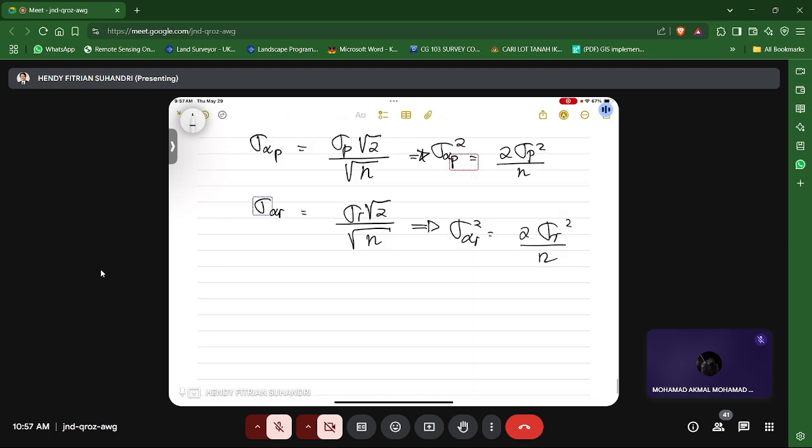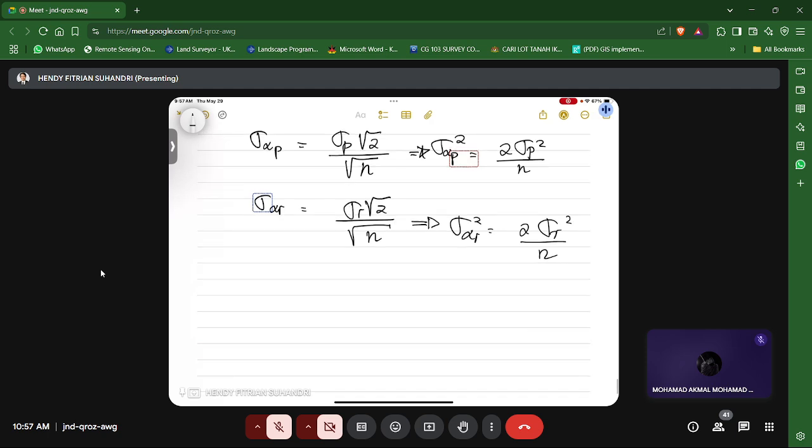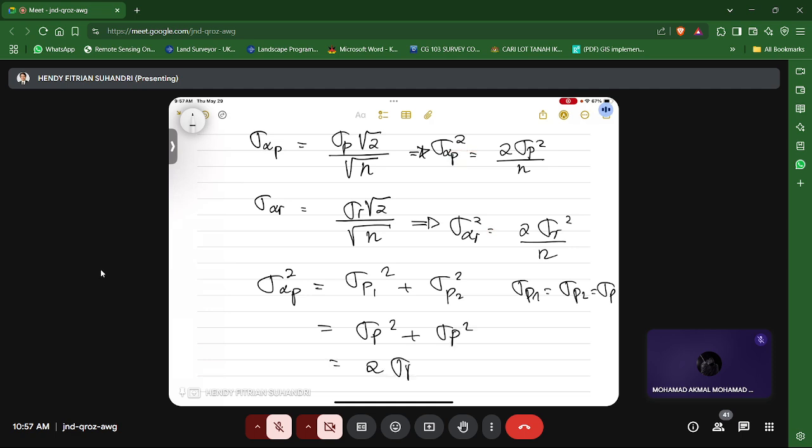So actually, it came from if we have 2 sigma p, or whatever, sigma point 1 plus point 2, it came from this equation actually. But if we assume point 1 equals point 2, and we denote it as sigma p, that means sigma p square plus sigma p square, so that means 2 times sigma p square.